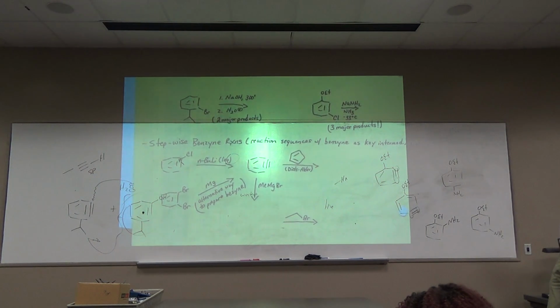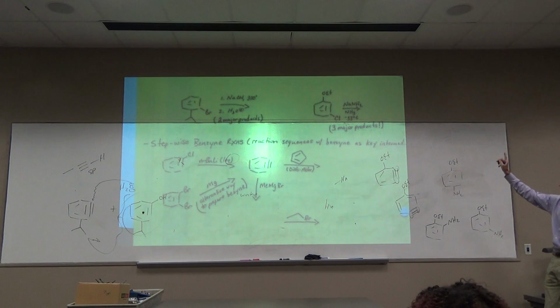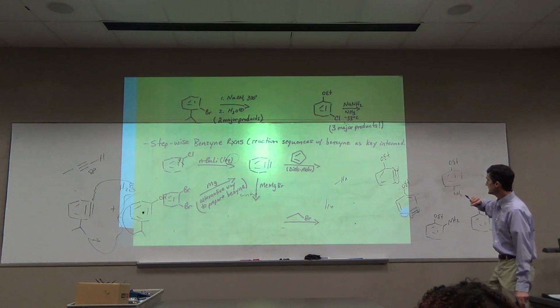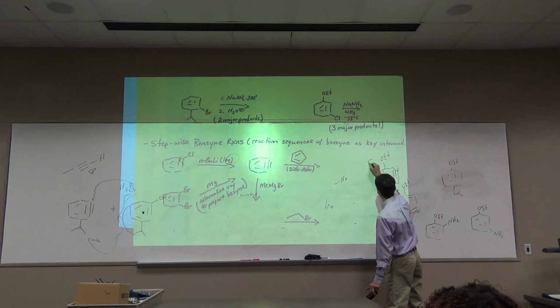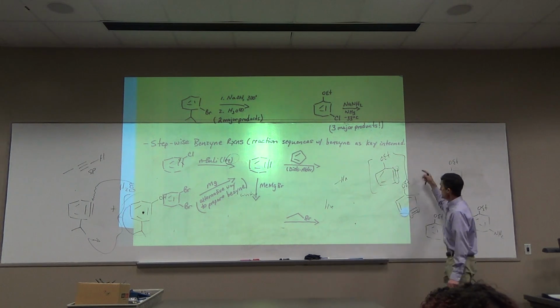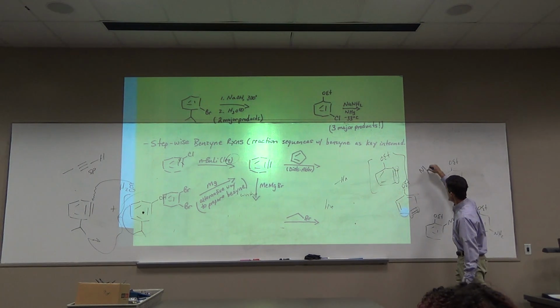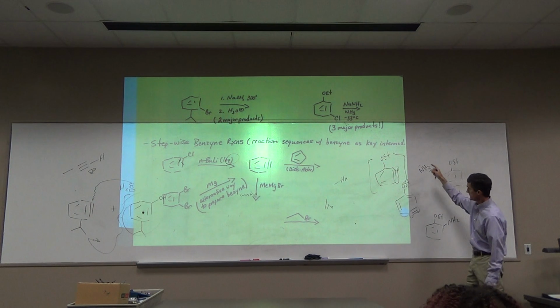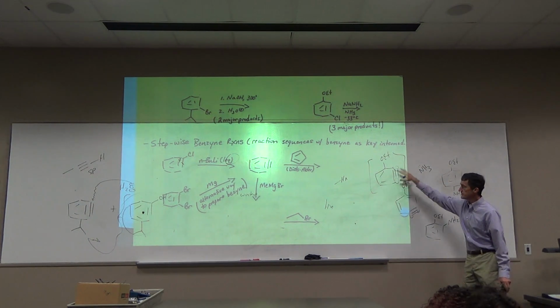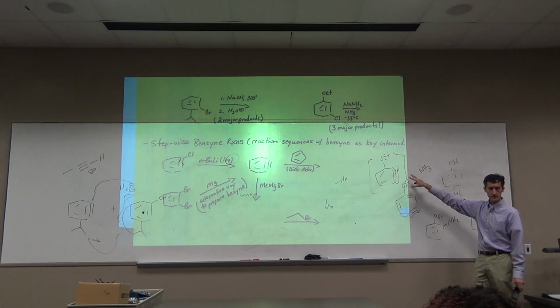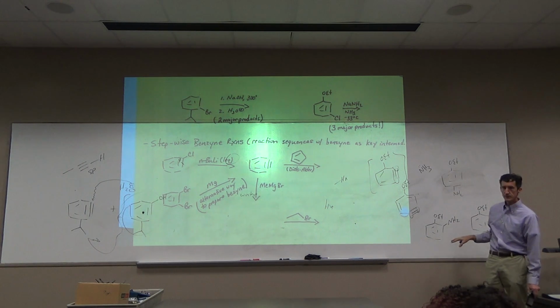This chemistry can actually be done stepwise. Above, it's going to be hard to do it stepwise because once you make the benzyne, you have something there that's immediately going to react, like ammonia. And so you can't really stop there. It's going to continue on and give you products.